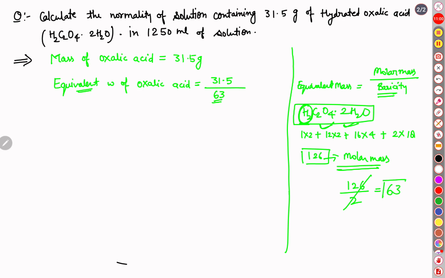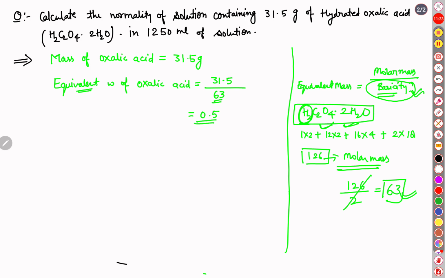This is the equivalent mass. Clear? And we will put here 63. We will get 0.5. Basicity you have already discussed in class 11. Okay, I will also teach you, don't worry. 0.5, this is the number of gram equivalents.